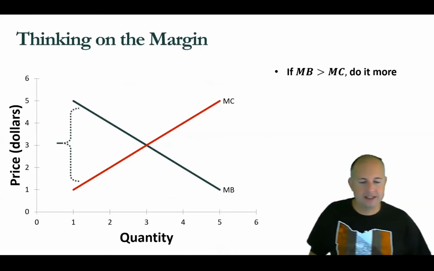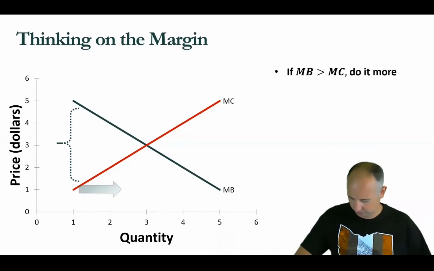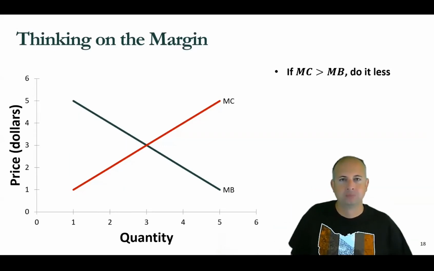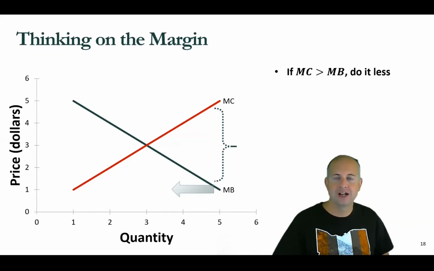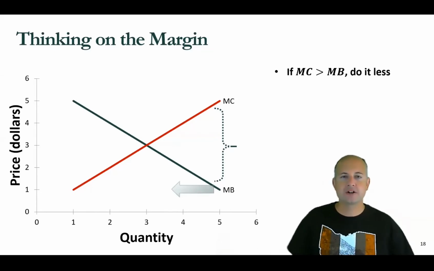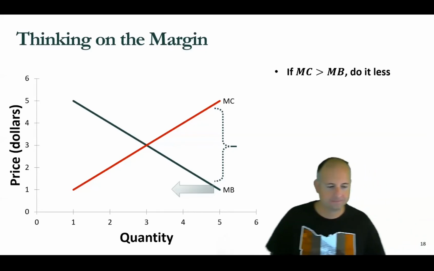And what that means is you should do it more. On the other hand, if marginal cost is greater than marginal benefit, you're doing it too much and you should do it less. This is the idea you built too big of a house, and so the amount you're spending on the house is greater than the enjoyment you're getting out of those last few square feet.